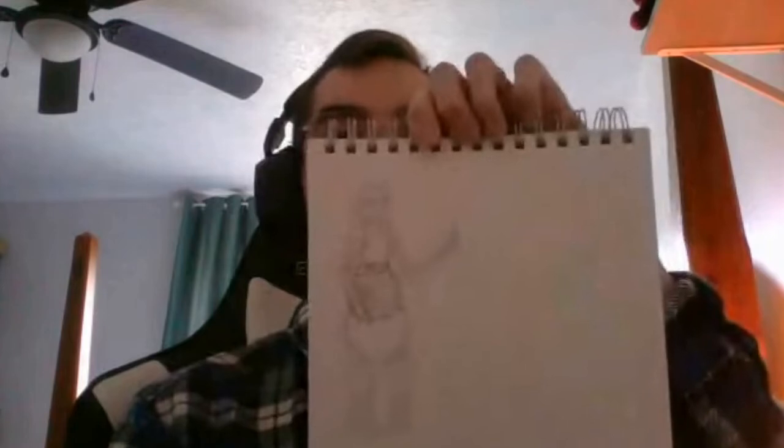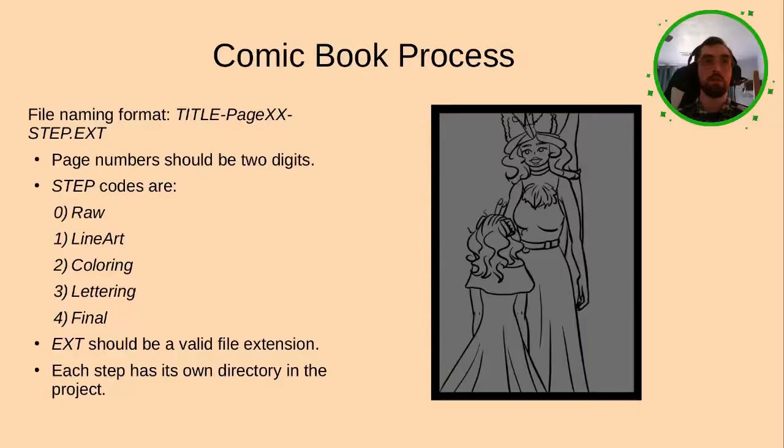Penciling looks kind of like this. It's where you just draw something with a rough pencil sketch and you can refine it later. We scan those in and then crop them and put a border around them. And then the line art is like what you see on the right side. It's what we do to make it look kind of like a coloring book.